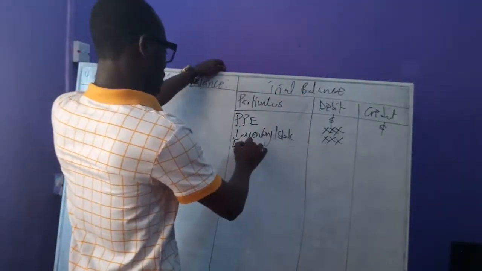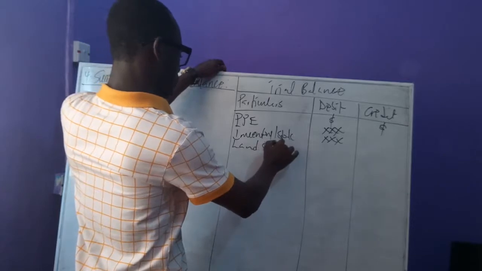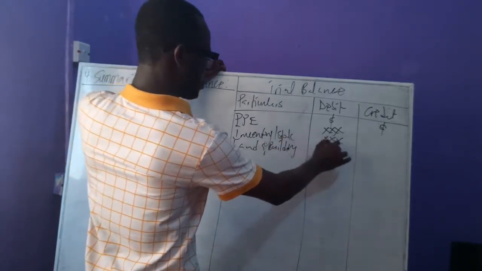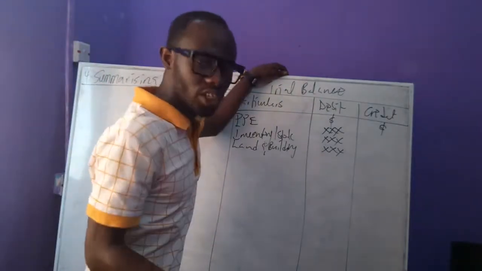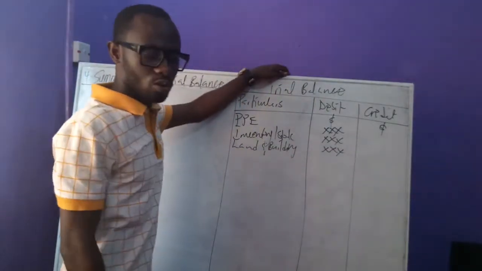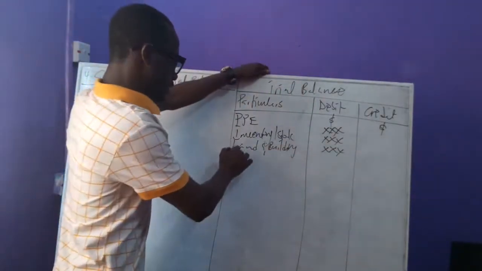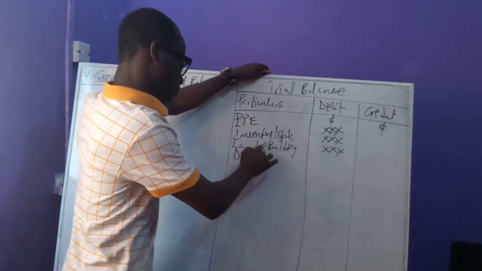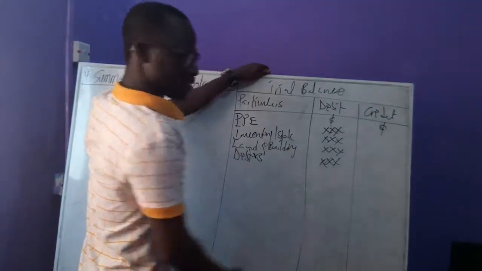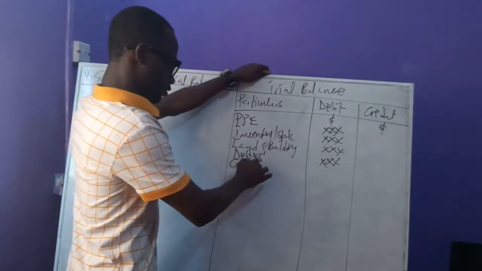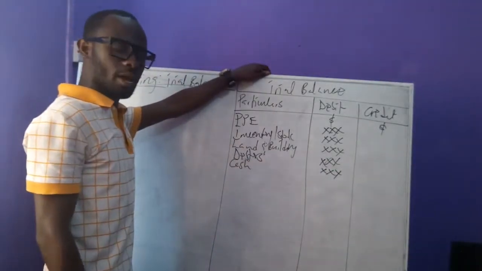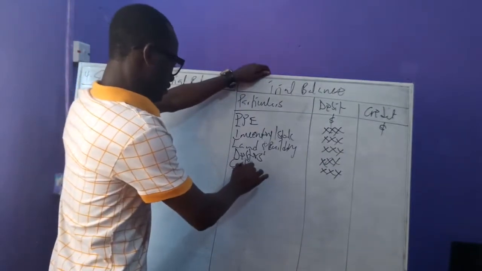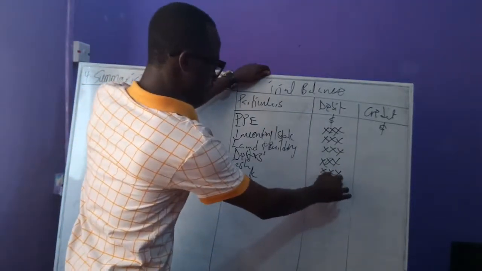Land and building, even though it's part of property, plant and equipment, we bring it there. Fixtures and fittings, furniture, all those things we bring on the debit side. Debtors on the debit side. Cash on the debit side. Okay? Bank balance on the debit side.